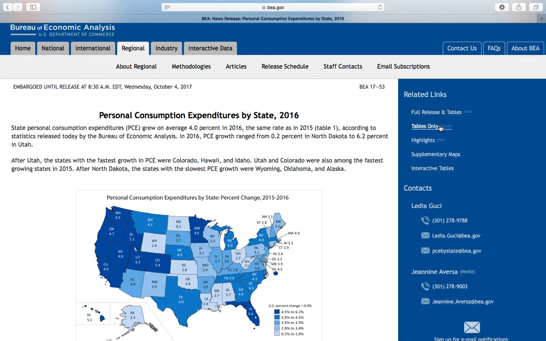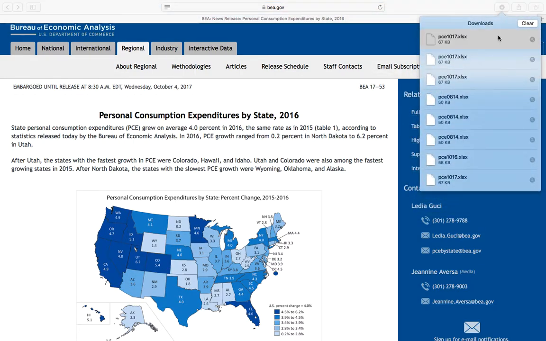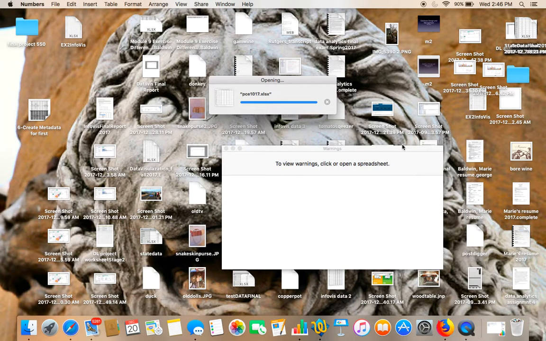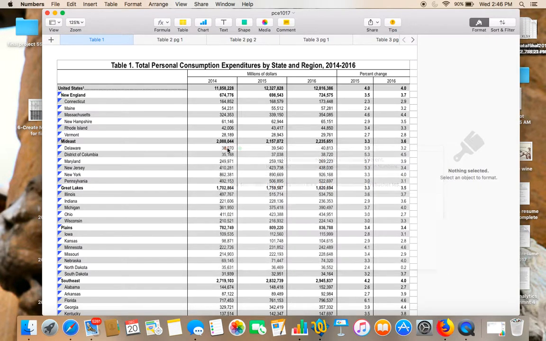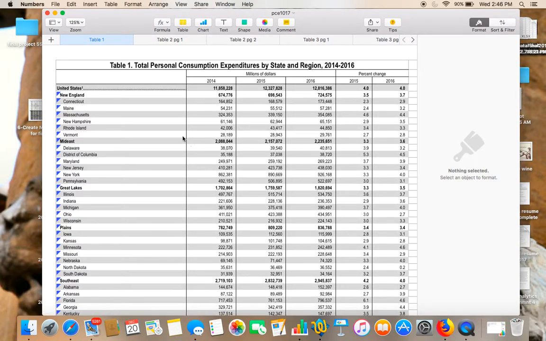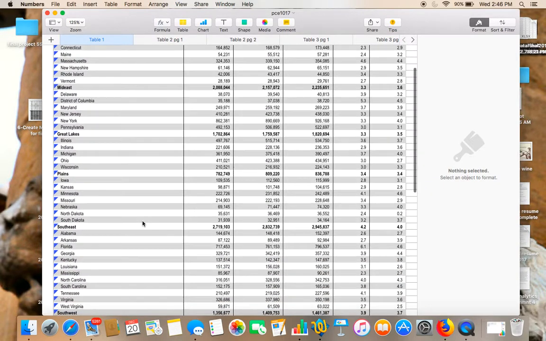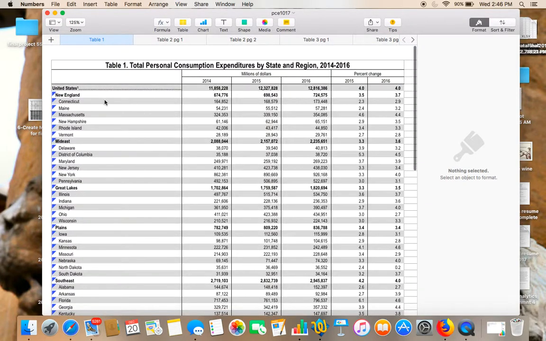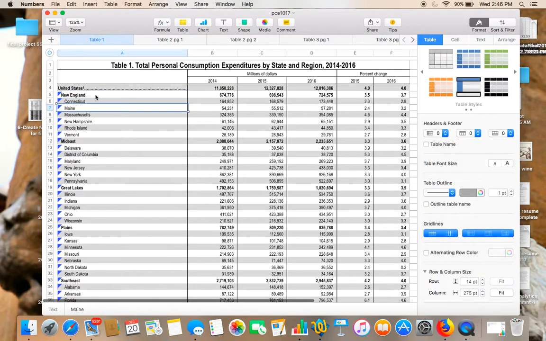And I'll show you a little bit more what this means when I upload this spreadsheet. So there is a listing of all the states in the United States, and it also categorizes it by like New England, Mid-East, Great Lakes, Plains, Southeast, if you want to stay in a certain like region as well.